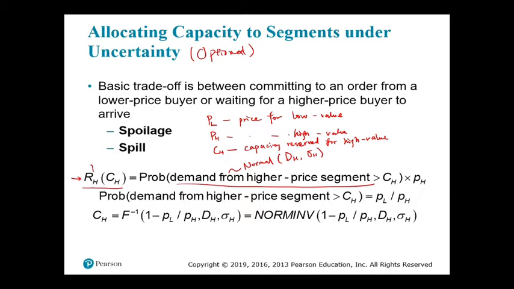So this is the expected marginal revenue from reserving more capacity.